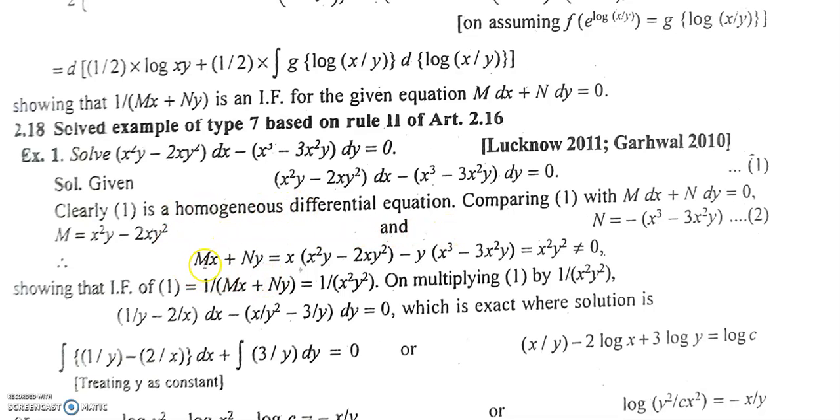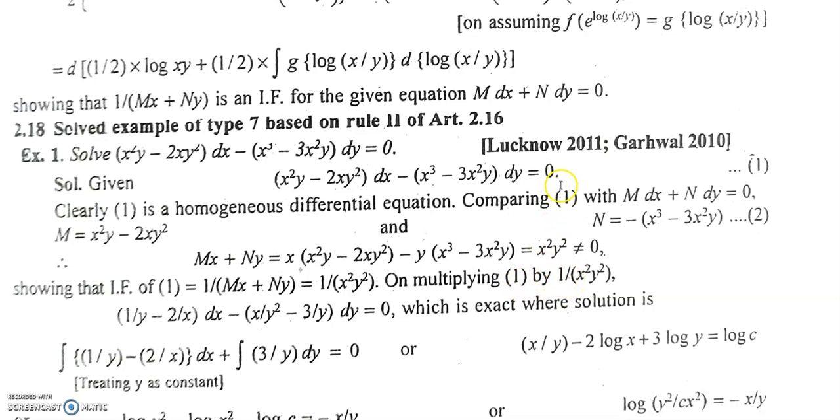Here also we calculate mx plus ny, which is x square y square, not equal to 0. So according to our given rule, the integrating factor will be 1 by mx plus ny, that is 1 by x square y square. Next we need to multiply by this integrating factor.